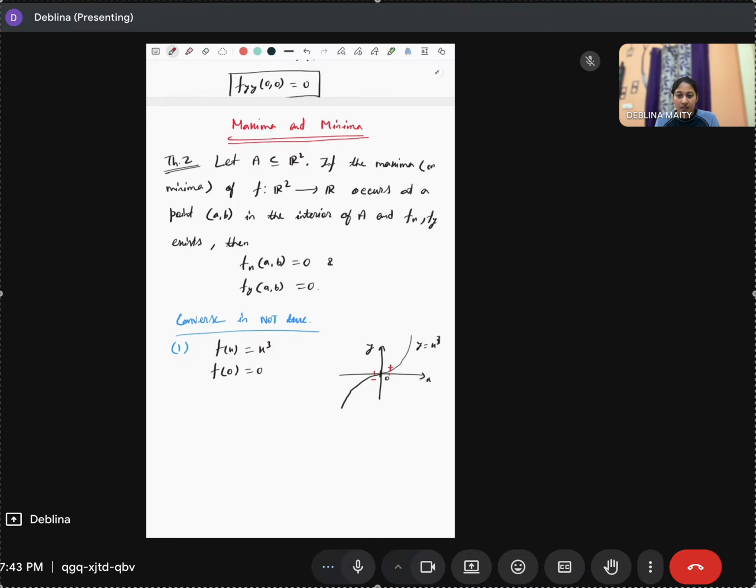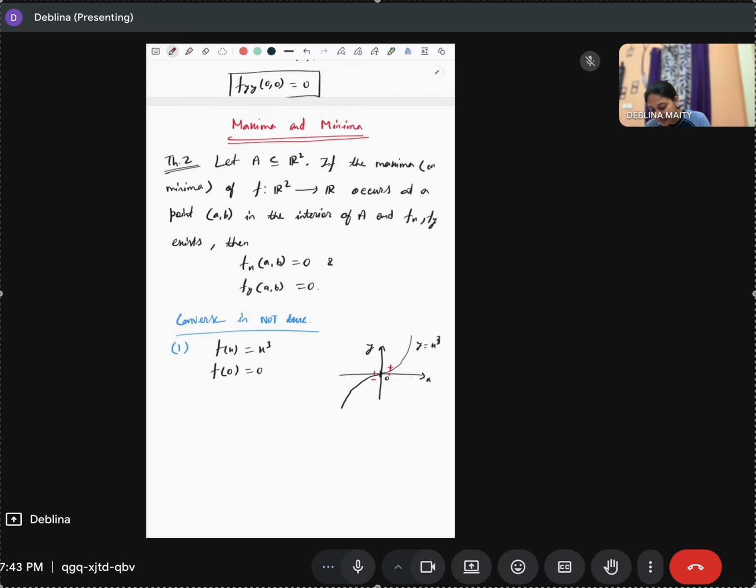If it is a local maxima or minima, it means there is some neighborhood where the value at 0 is the maximum or minimum value in that neighborhood. But in each and every neighborhood of 0, at some points the value of f is positive and at some points negative. So 0 cannot be maxima or minima, right?